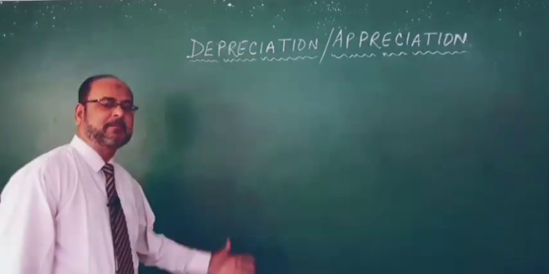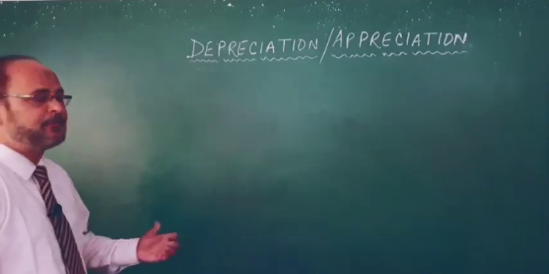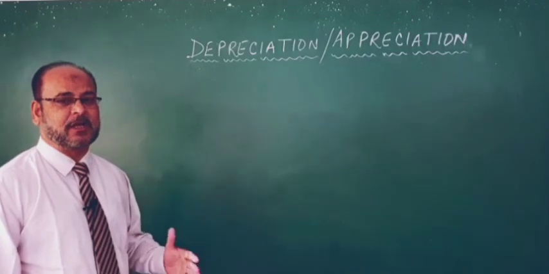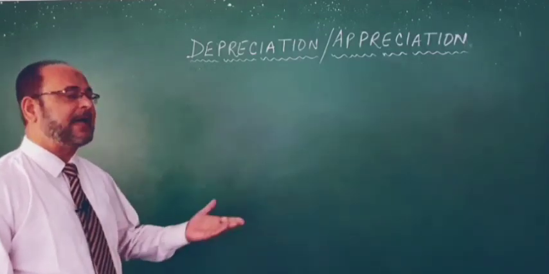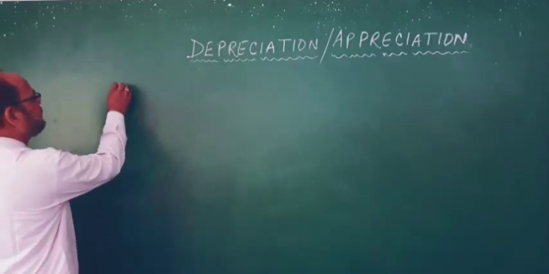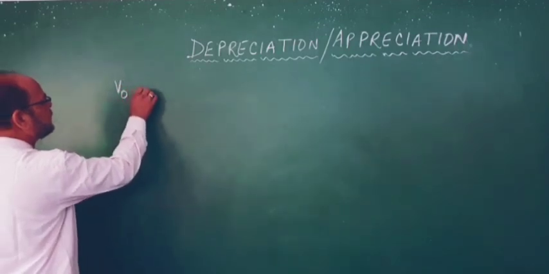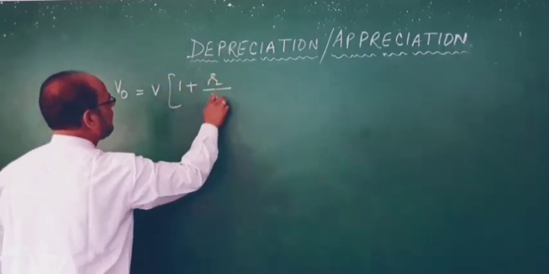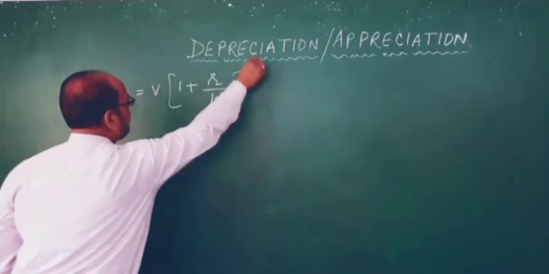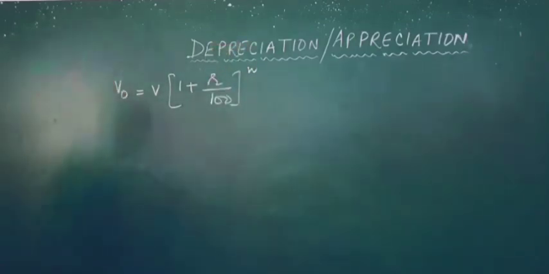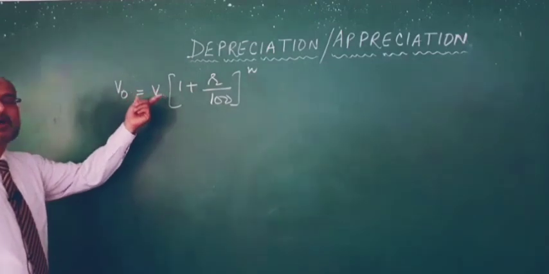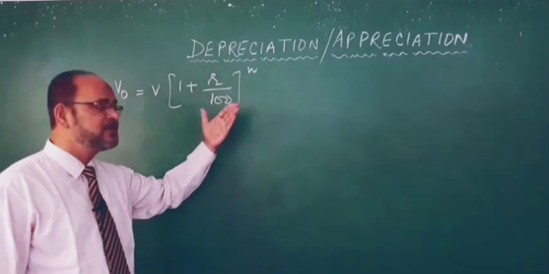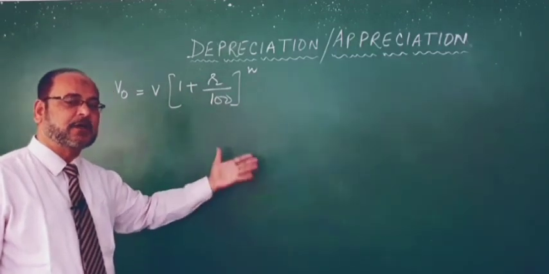Now we are going to attempt the second part in which we have to find the population in year 2016. It means 2 years back. So we will use the formula V0 equals V (1 plus R upon 100) to the power n. Here V is your value n years ago, which in your question is given as 2 years ago.